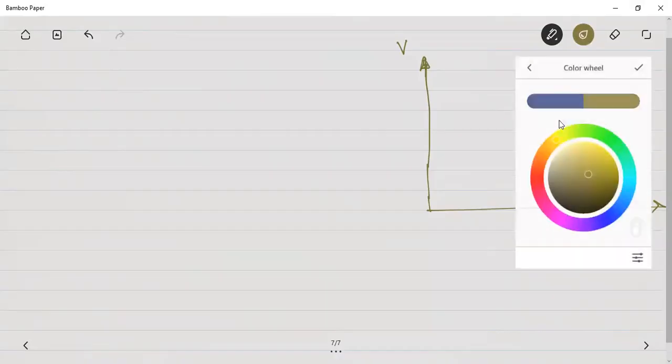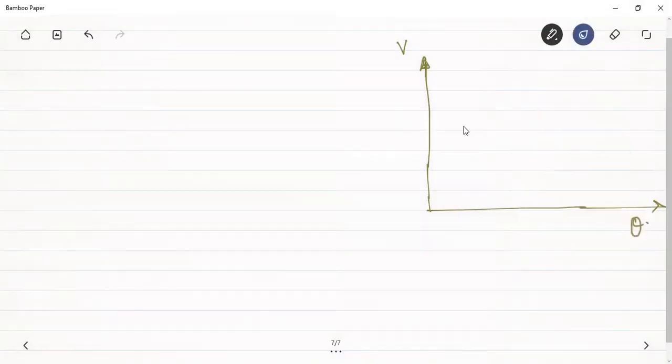Suppose the potential energy of a system is varying in this manner. The graph between the potential energy with respect to an independent coordinate theta for a system is shown by this figure.